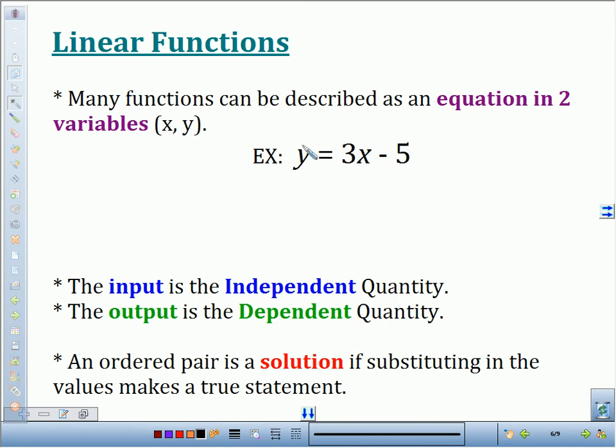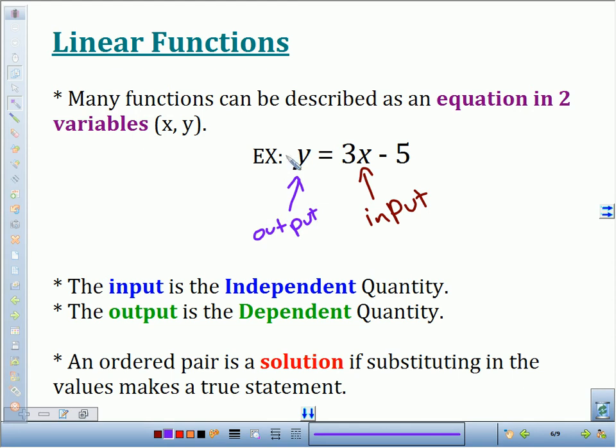Now, in this situation, we have here the input, right? The x value is the input. And we have here the output. The y value is the output.